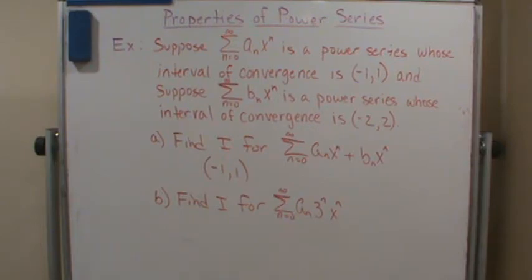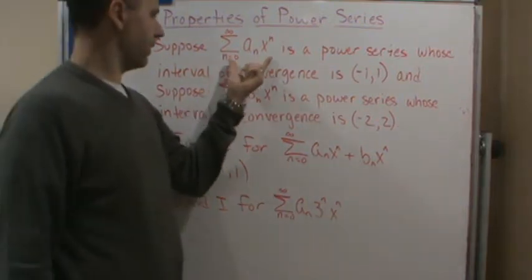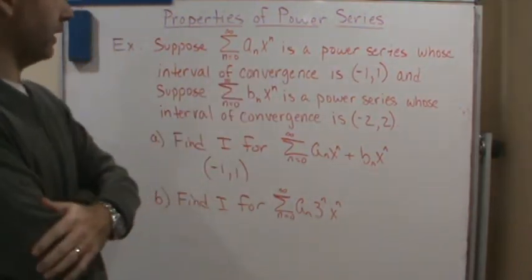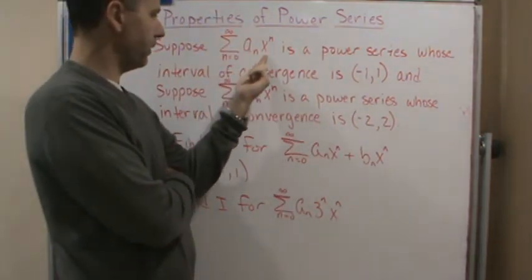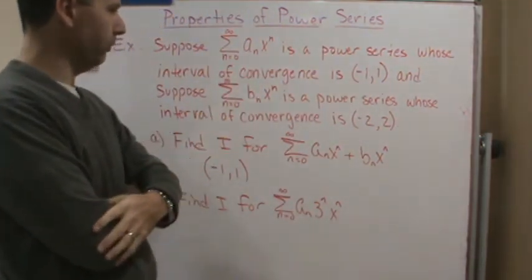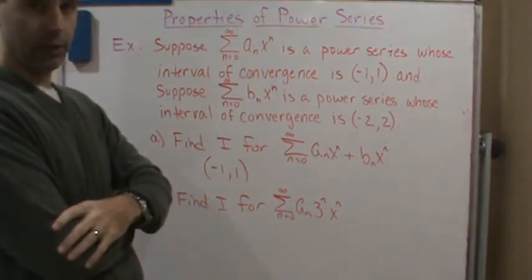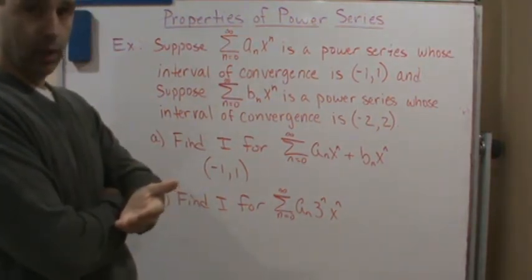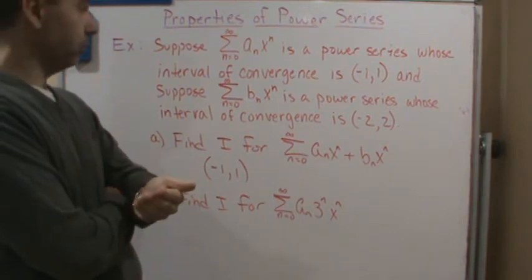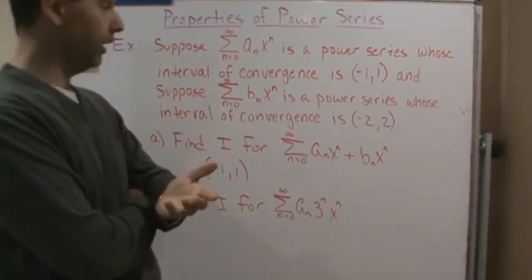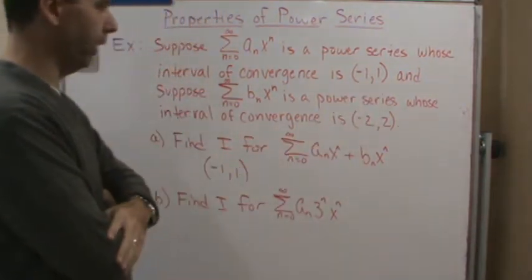Now, in this case, if you look at the form, this is centered at 0, so it has a radius of convergence of 1. So it's going to converge on any x value within that interval, so from -1 to 1.